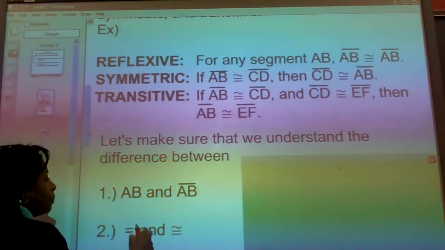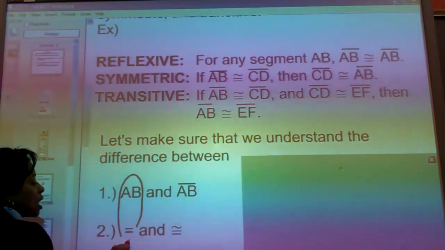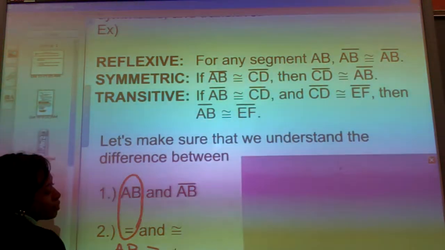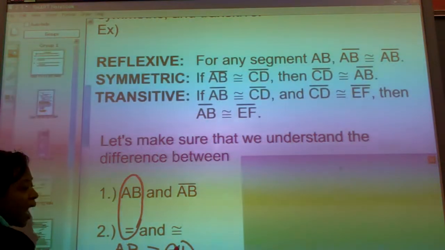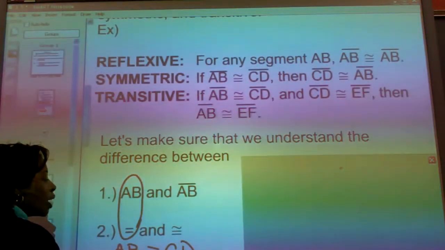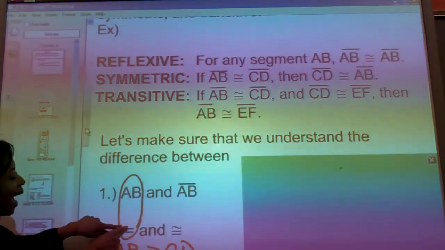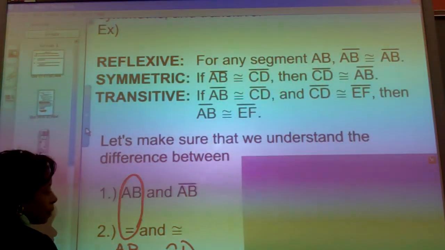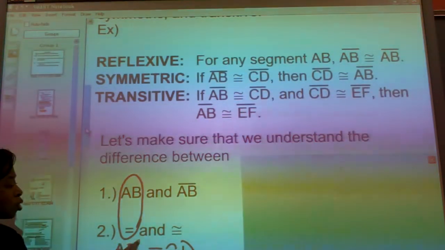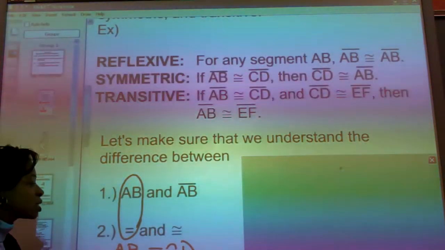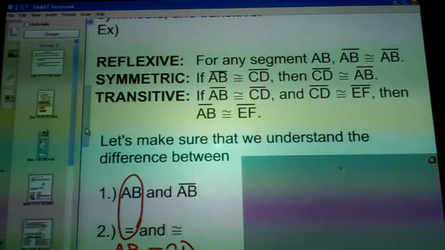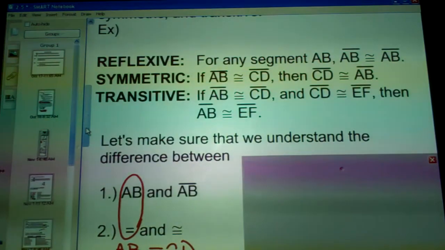If I write AB and then I put an equal sign, for example, if I say AB is equal to CD, no hat on top of either of these. When I do not put a line and at the same time I use an equal sign, that means I want the number. I want the number.